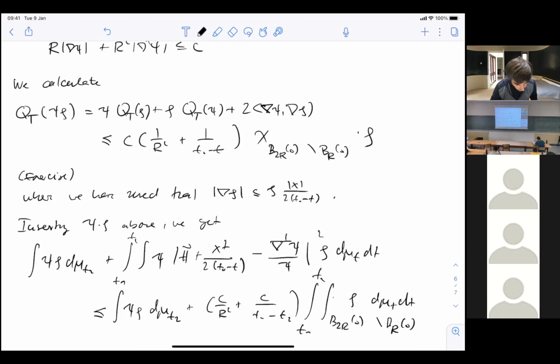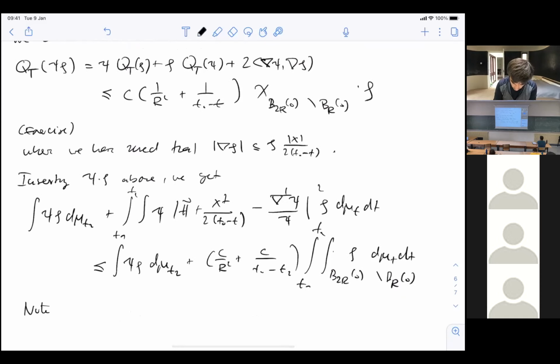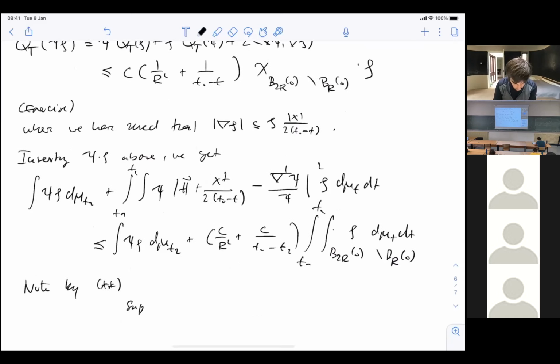Okay, now you see this is good here, because if you send r to infinity, this term will go to 0. You note by star star that the supremum, where t lies between t1 and t2, of the integral of rho d mu t is less than infinity. Remember, we're staying away from the concentration time.